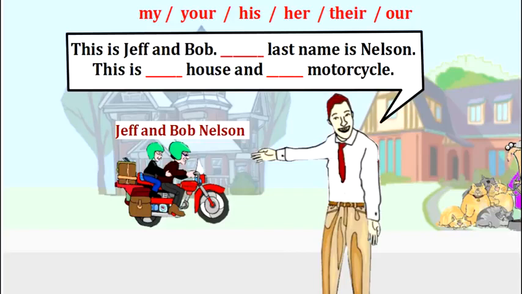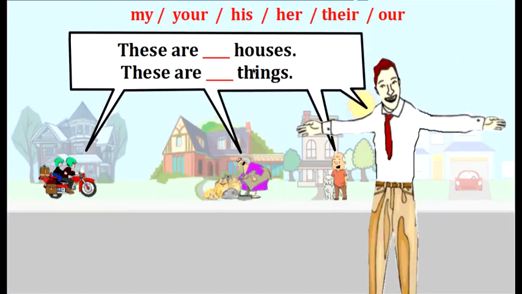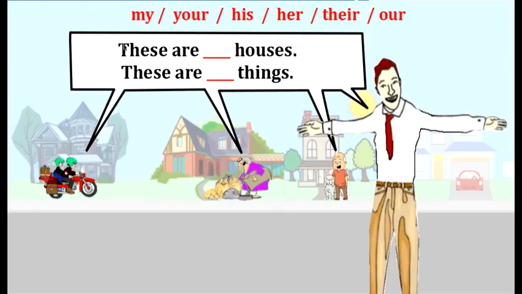This is Jeff and Bob. Their last name is Nelson. This is their house and their motorcycle. These are our houses.